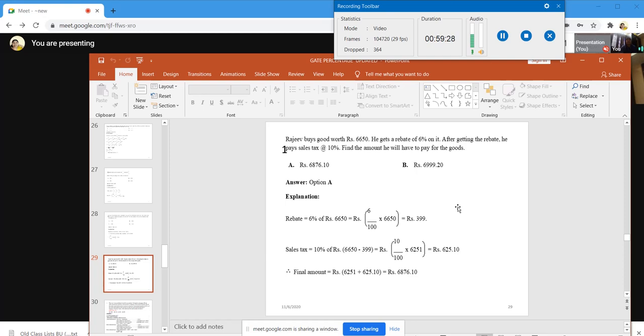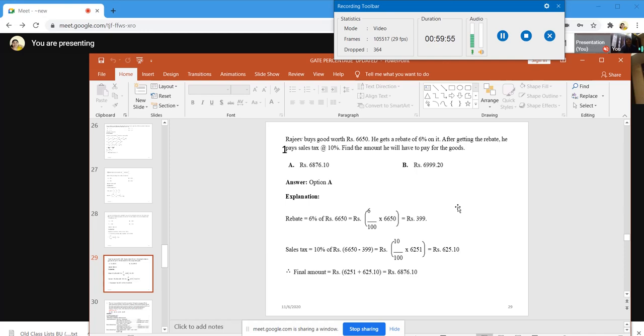So now you can find out first the actual amount of the goods bought by Raju. The rebate is 6% of 6,650, which is nothing but 399. So the actual amount of the material is 6,251.